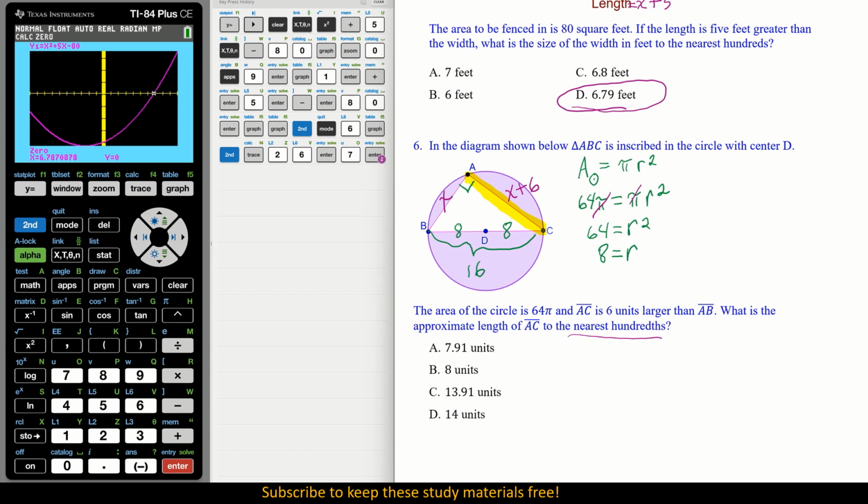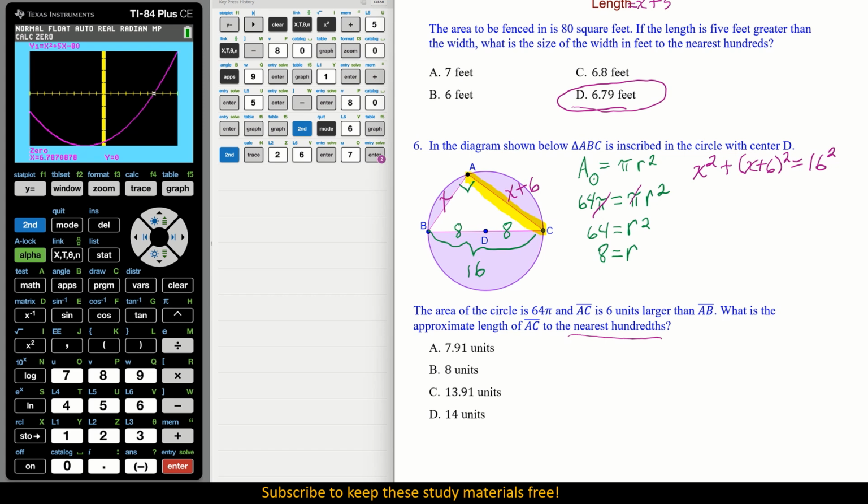So let's do this. I was going to say a squared plus b squared equals c squared. Well, we could say that x squared is one leg and then square the other leg, which is x plus 6 squared. And then that will all equal 16 squared.